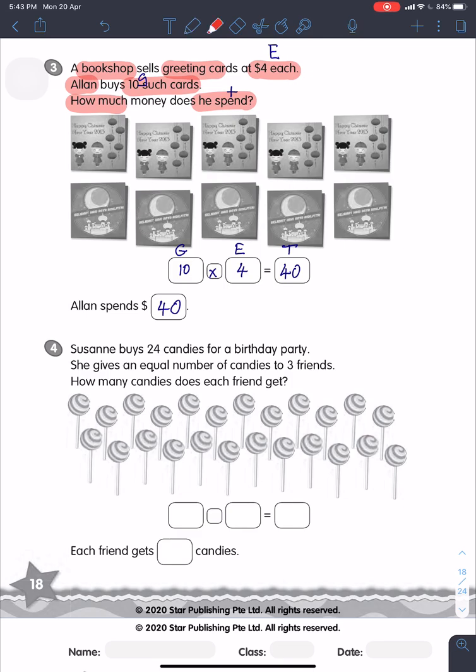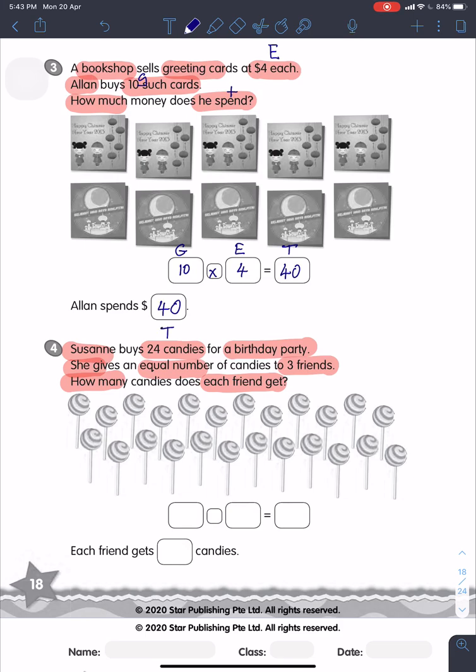Next question. Suzanne buys 24 candies for a birthday party. She gives an equal number of candies to 3 friends. How many candies does each friend get? Okay, so going back to our GET, let's take a look. Suzanne buys 24 candies. So this 24 candies talks about the total.